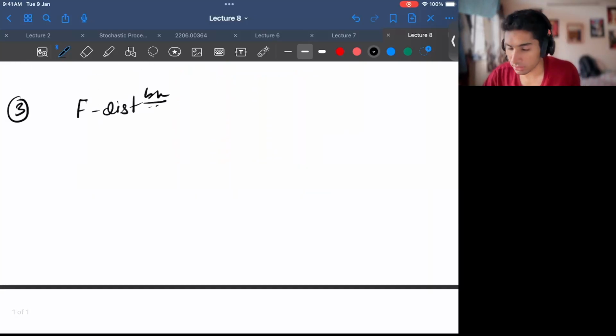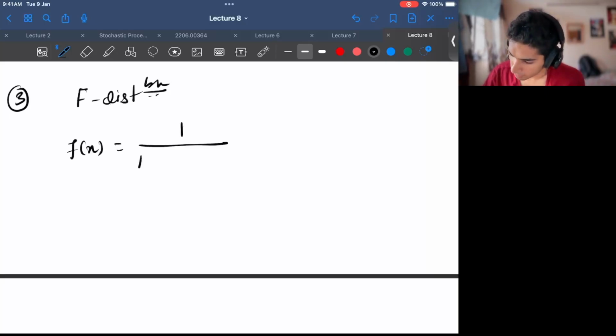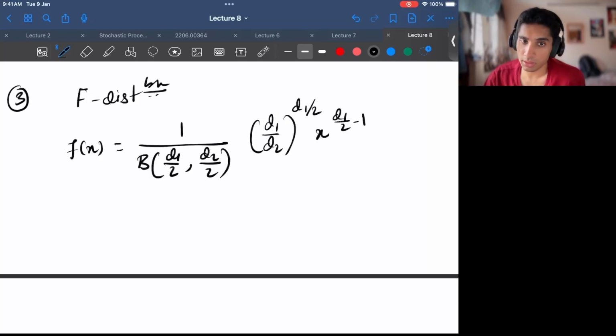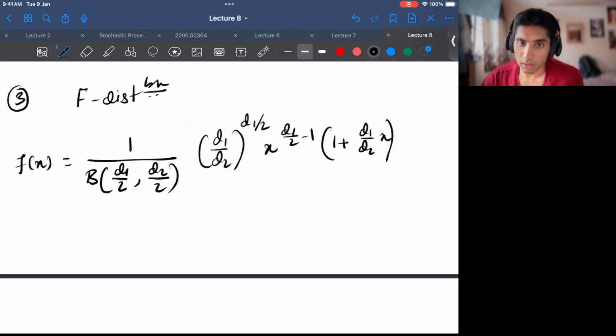And for the F distribution, the PDF is given by again this weird looking expression. f of x is equal to 1 over beta of (d1 by 2, d2 by 2), times (d1 by d2) whole raised to d1 by 2, times x raised to d1 by 2 minus 1, into (1 plus d1 by d2 times x) whole raised to minus (d1 plus d2) by 2.